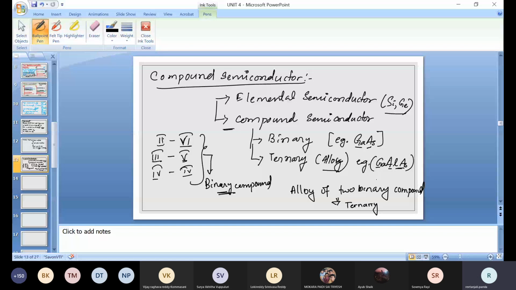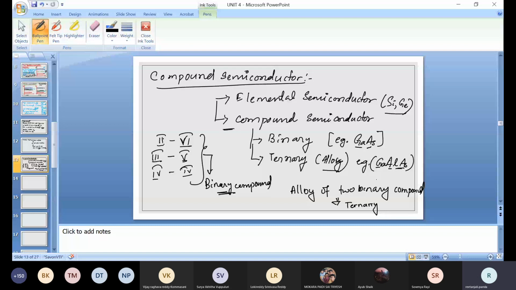Intrinsic semiconductors are silicon and germanium. Extrinsic semiconductors are silicon-based or germanium-based, where we add either a third group element or a fifth group element. But when it comes to compound semiconductors, the elements we use might or might not belong to the fourth group.